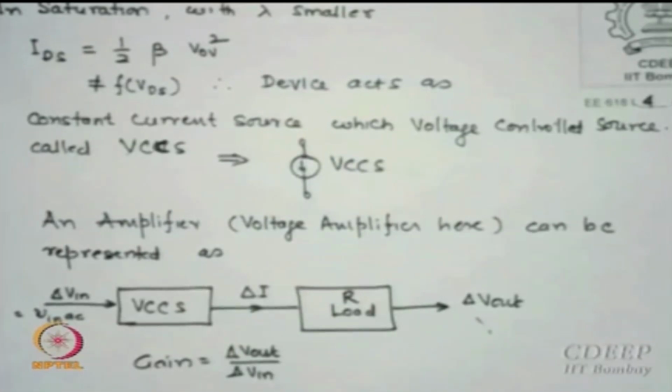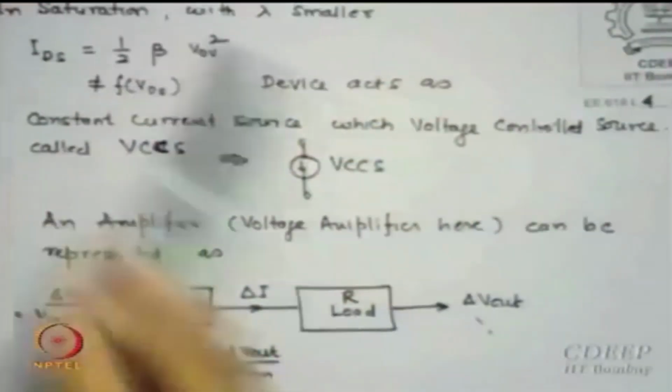So a typical amplifier we are going to use will have a current source which is a function of input, and then it goes through a load to give me an output voltage, the change in output voltage meaning AC voltage. AC output voltage by AC input is essentially the gain; that is what an amplifier is likely to do.